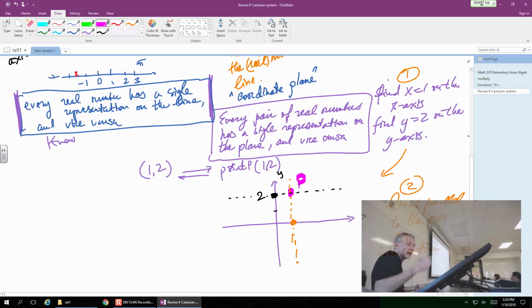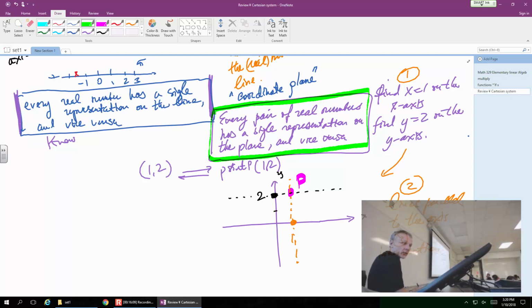Okay. So that's a three-step procedure, but remember that there are two parts in our statement. We did the one, a pair of numbers gives me a point. Now backwards, from point to two numbers: you reverse the steps.